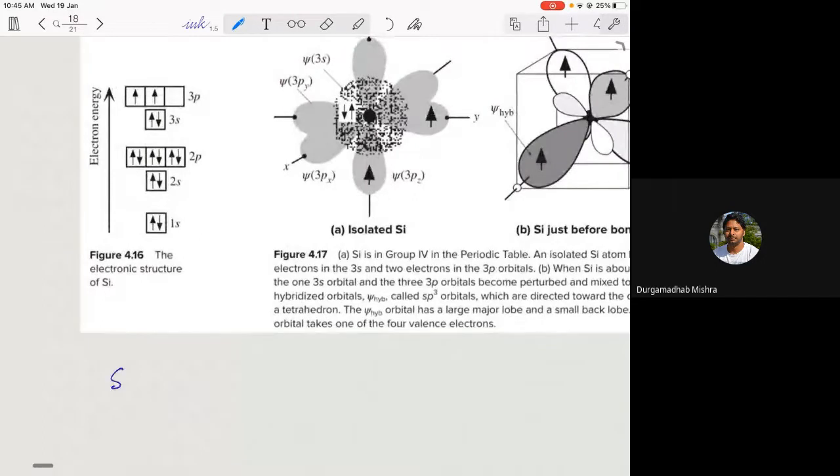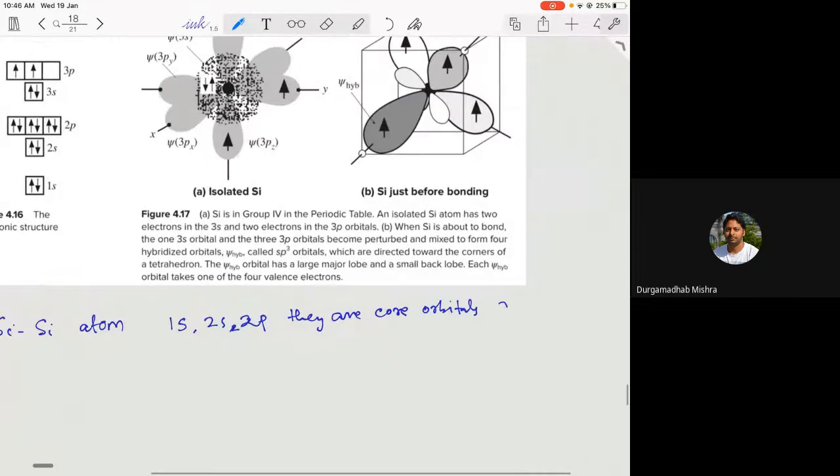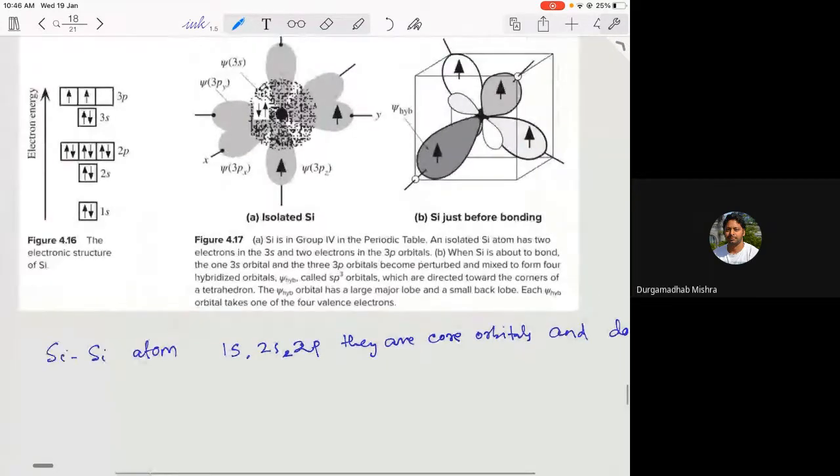So this is one silicon atom. Now if you bring a silicon and silicon atom, this 1s, 2s, and 2p are the core orbitals, and they do not overlap.